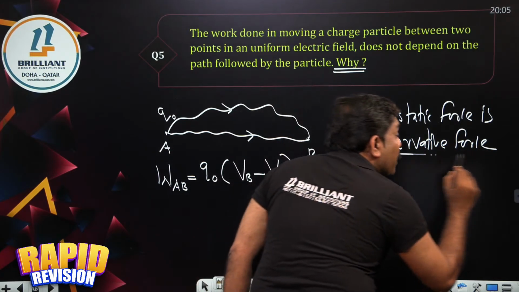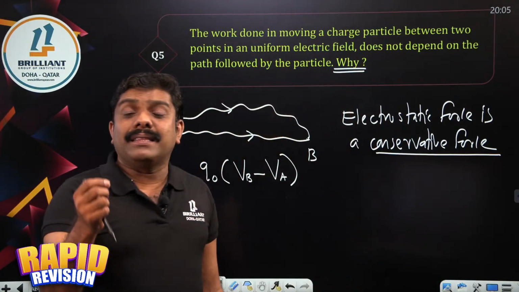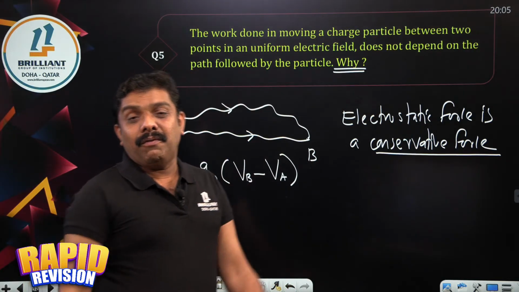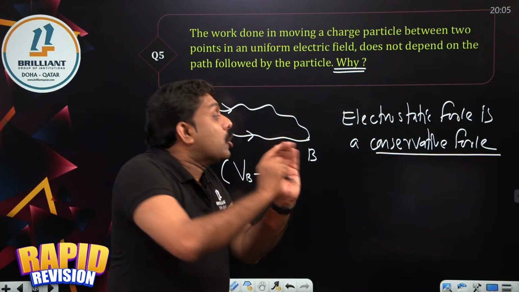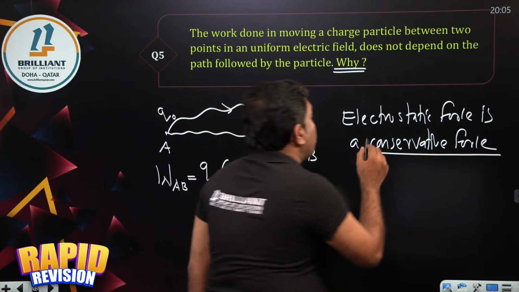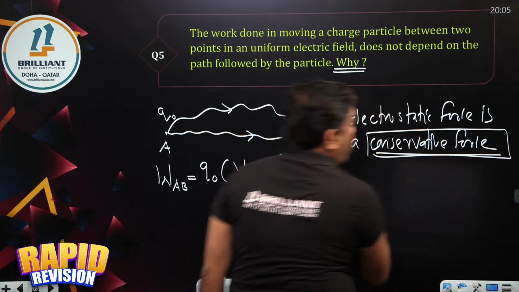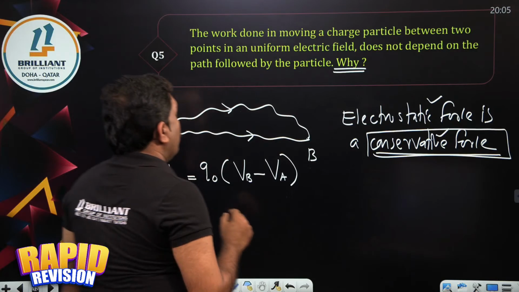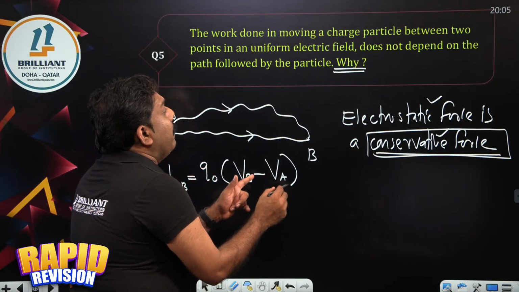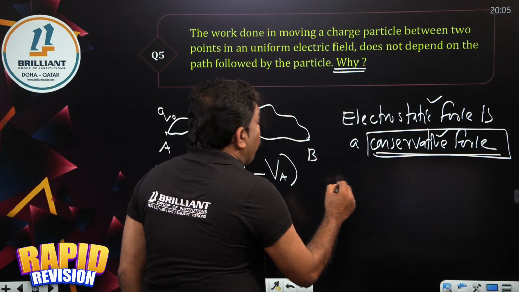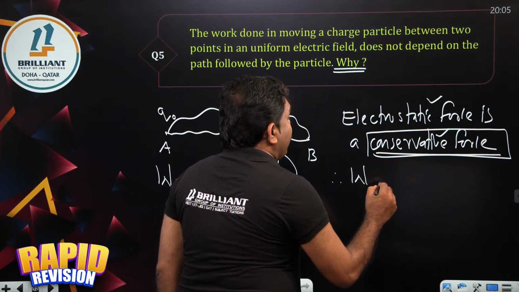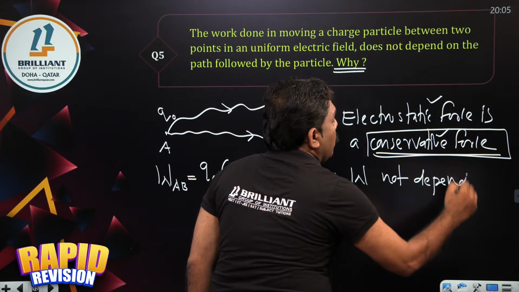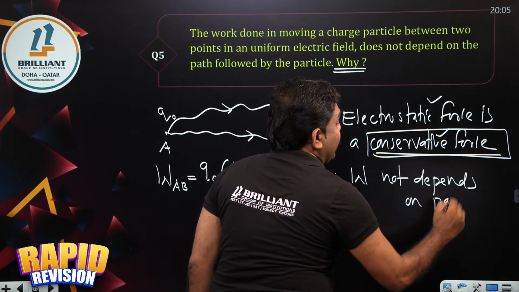A force whose work done does not depend on the path taken. Such forces are called conservative forces. So electrostatic force is a conservative force. So work done does not depend on the path taken.